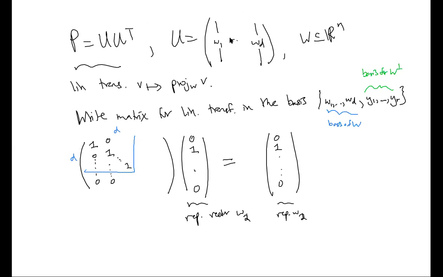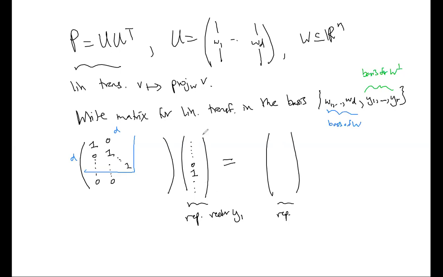Right, and now let's do one more, let's keep going. Now let's plug in the standard basis vector, which represents our first basis vector of W perp. So this represents the vector Y1.